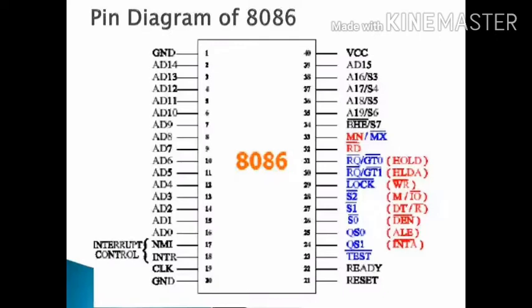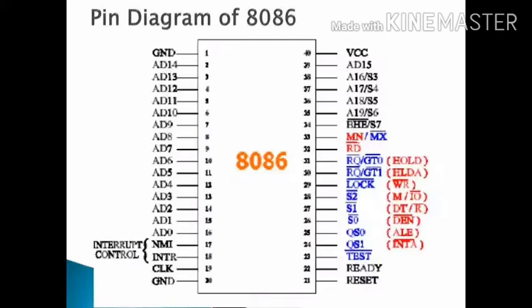So it acts as an extra status line, and it is used by the 8087 numeric coprocessor to determine whether the CPU is 8086 or 8088.